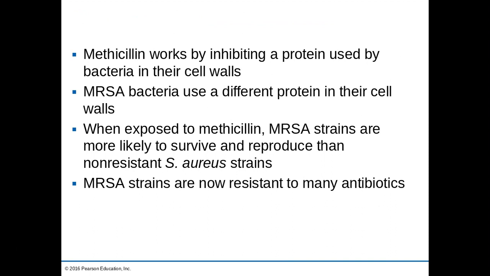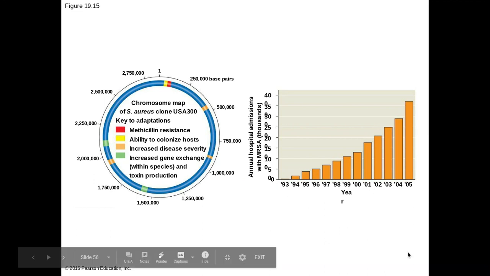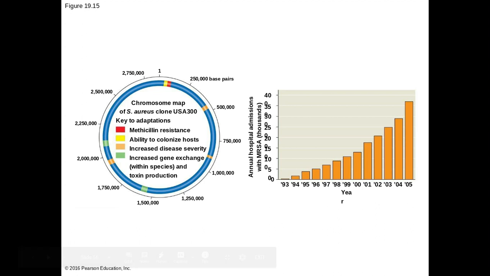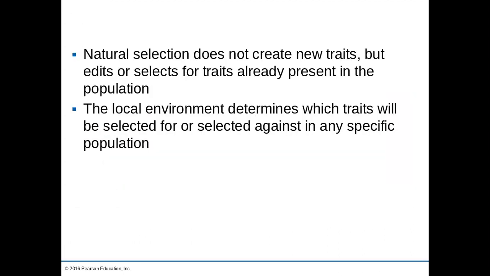So this is why it's really important not to use antibiotics if you don't need them, because it propagates the reproduction of those bacteria that are antibiotic resistant. So you can see these are the hospital admissions for people with methicillin-resistant staph, and you can see they just continue to grow because over time, those bacteria that have the methicillin resistance continue to survive and reproduce.